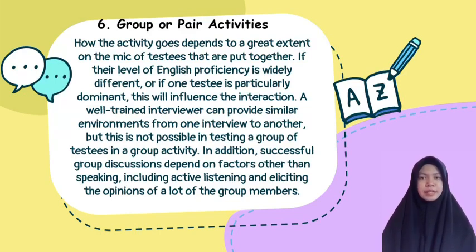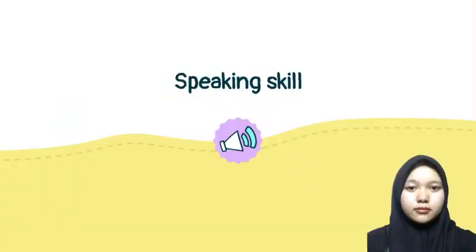A well-trained interviewer can provide similar environments from one interview to another, but this is not possible in testing a group of testees in a group activity. In addition, successful group discussions depend on factors other than speaking, including active listening and eliciting the opinions of a lot of the group members.